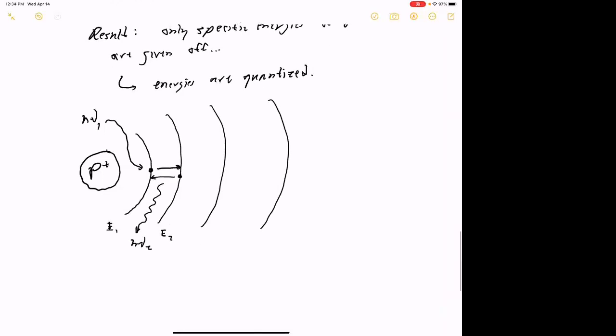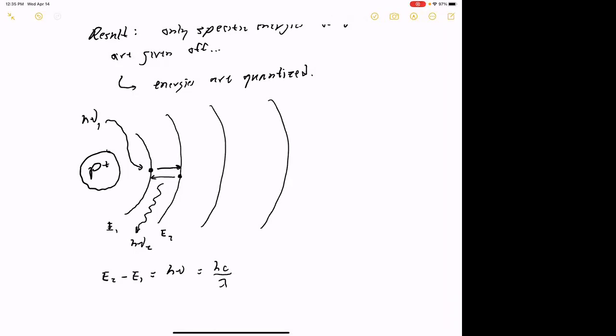The energy of the photon is the difference between the two, E2 minus E1, and that's going to equal h times nu. That's the energy of the photon that's given off. And remember, that's also equal to hc divided by lambda. So now what we have is a wavelength that's characteristic of that energy difference between the two orbits. That's what Bohr said was actually happening.